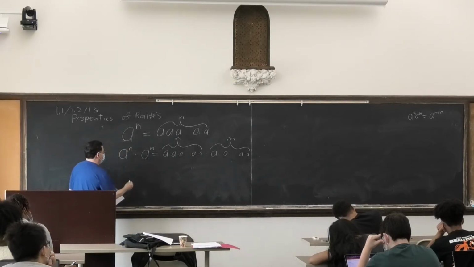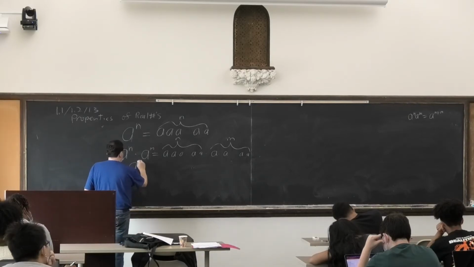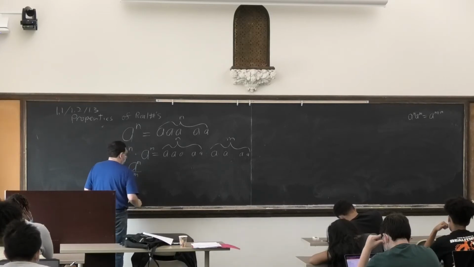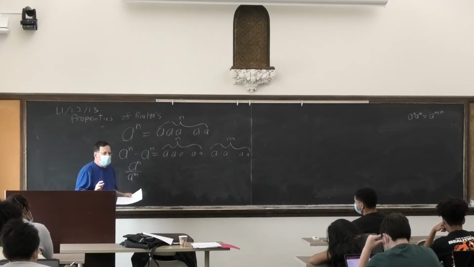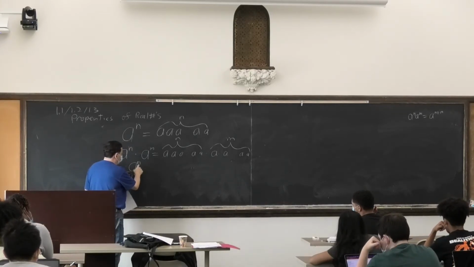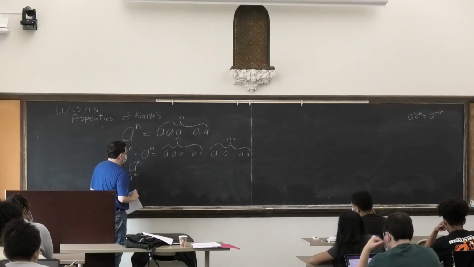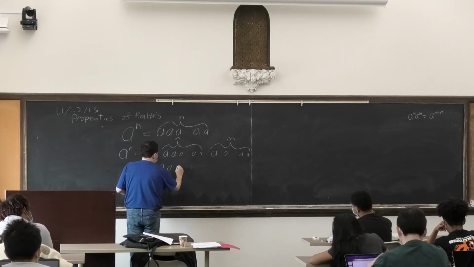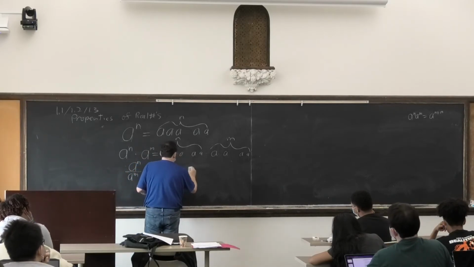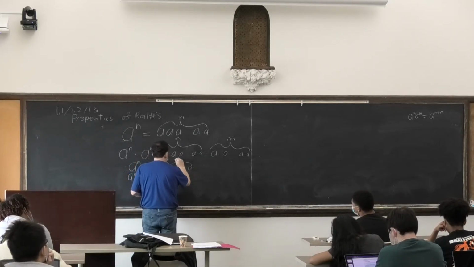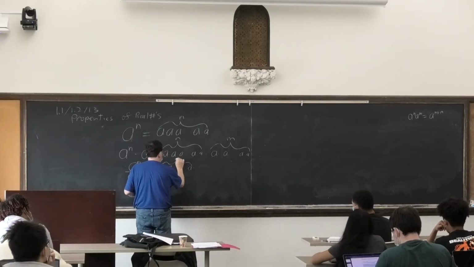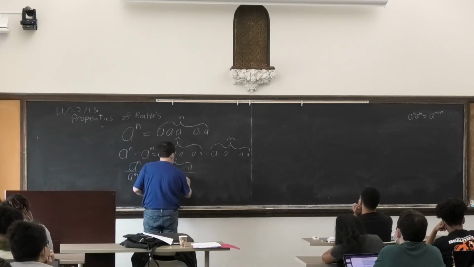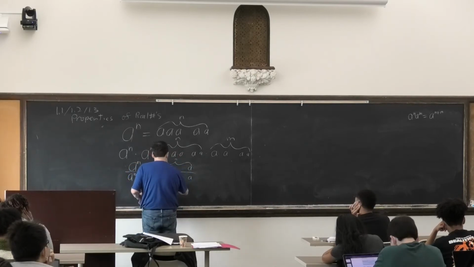Similarly, if I have a^n over a^m, and just for the moment, let's assume n is bigger than m. Well, again, I've got a, n times, and on the bottom, I've got a, m times.